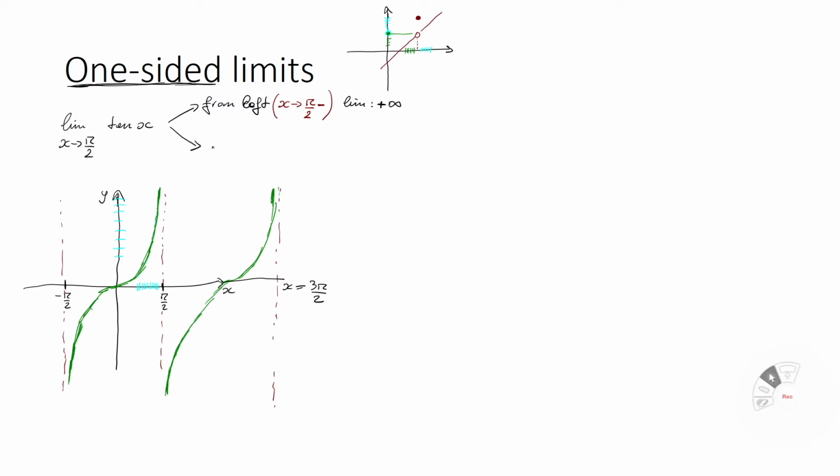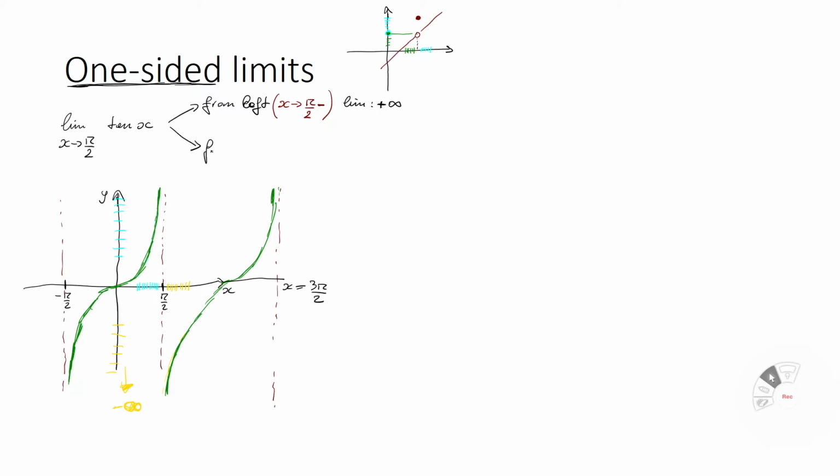On the other hand, if we put ourselves slightly above pi over 2 and walk back towards pi over 2, then we see that the function goes to minus infinity: it becomes smaller and smaller, more and more negative, and the values go to negative infinity.